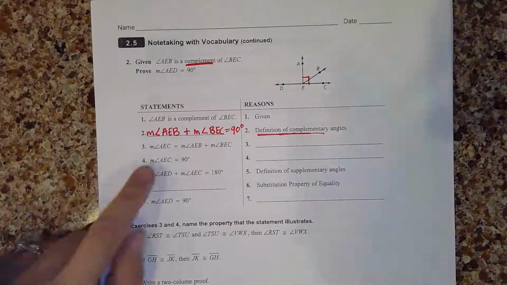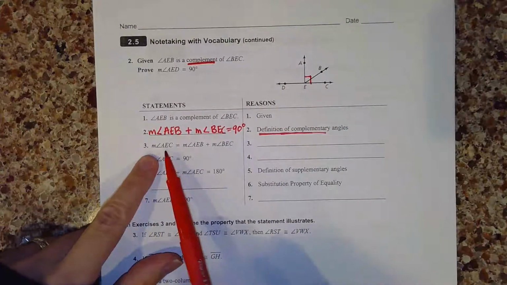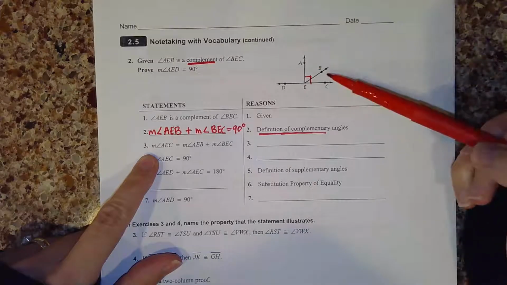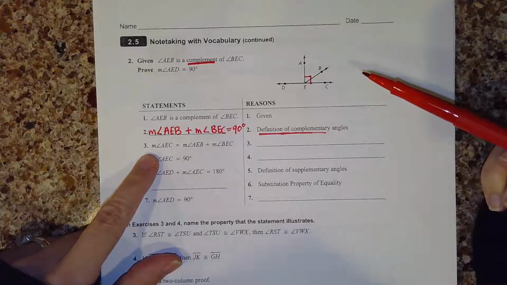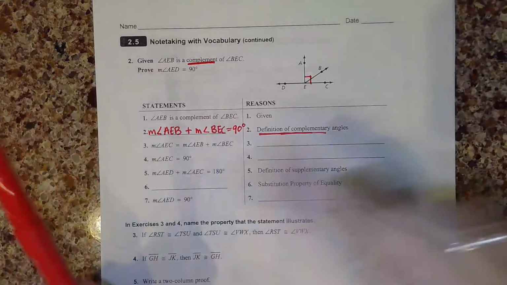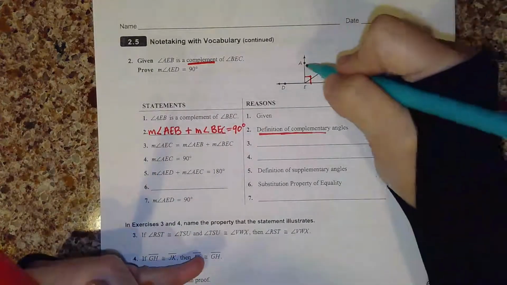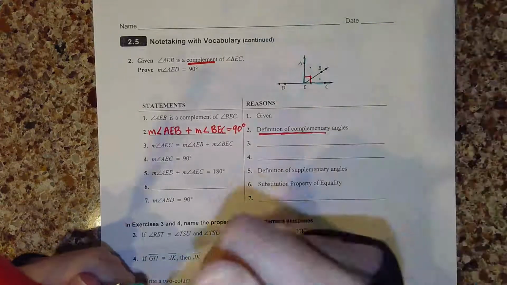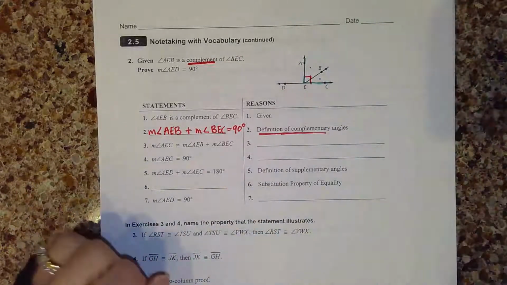All right. Now we say the measure of angle AEC is equal to the measure of angle AEB plus BEC. Basically what they're saying here is AEC, this big angle, is equal to this plus this. Well, that's called angle addition postulate.